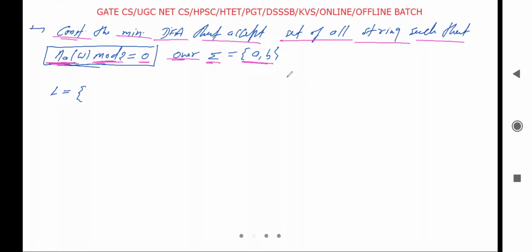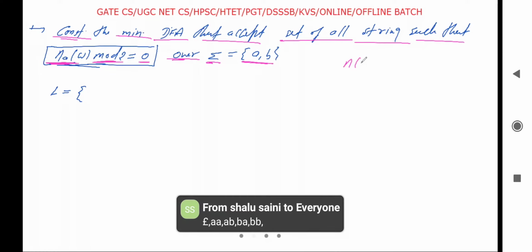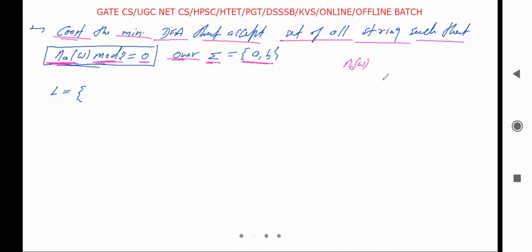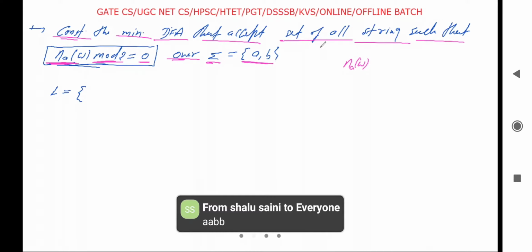So the alphabet is a comma b and the language is this one, number of a in w mod 2 equal to 0. So it is null, or aa, or ba, meaning 2 length or 0 length. Maybe possible. Okay, let's see.